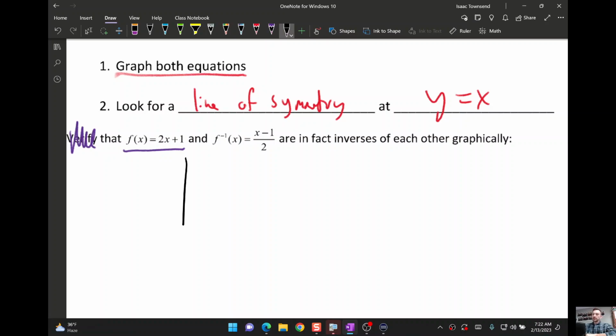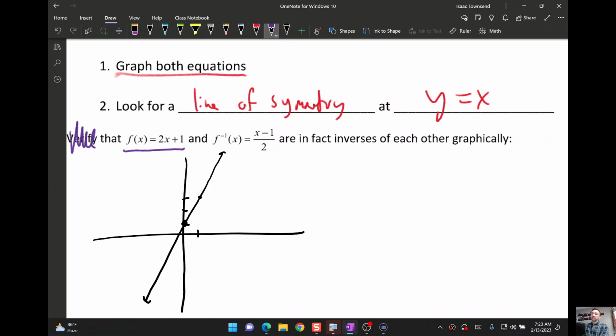Well, in your calculator you could have it graph y equals 2x plus 1, which of course has a y-intercept of 1 and a slope of 2. And then you can have it graph this, and I'm going to split apart my fraction so I can see the y-intercept and the slope a little bit better.